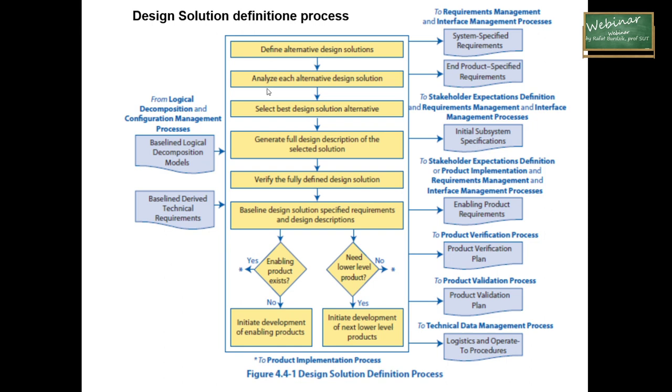Then you have to analyze each alternative design solution, and you can consider different kinds of alternative solutions. First, for example, a solution which is more environmentally friendly, and mostly we have the new trend in designing, which is green design or eco design. So you are considering the environmental issue during the designing of the product or system.